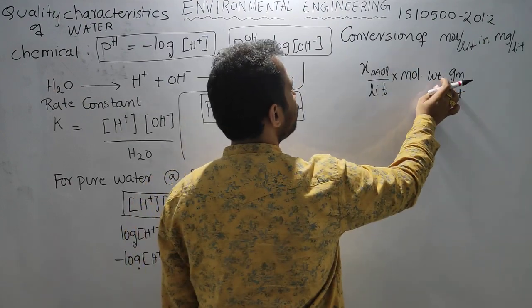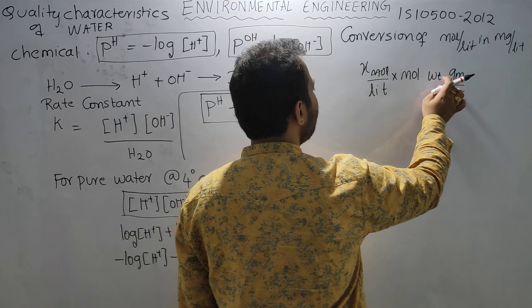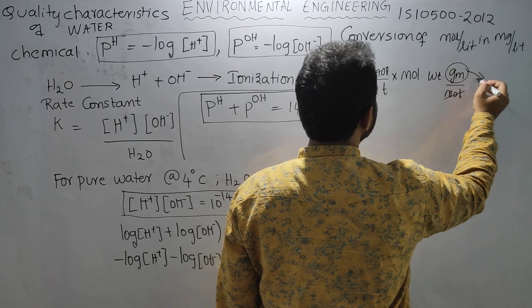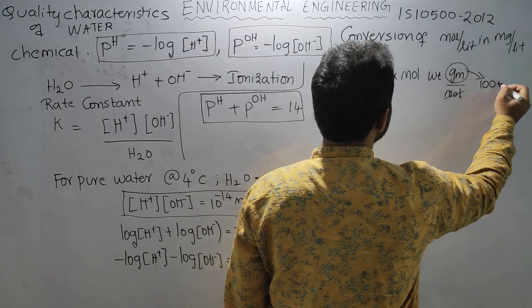This is gram. If I want to convert this gram into milligram, then this can be written as 1000 milligram.